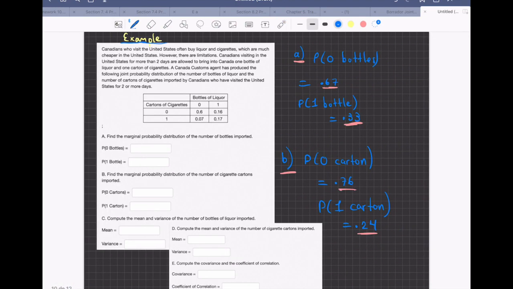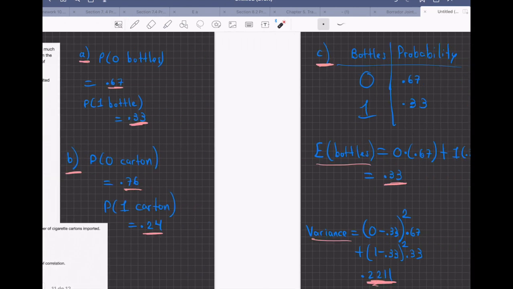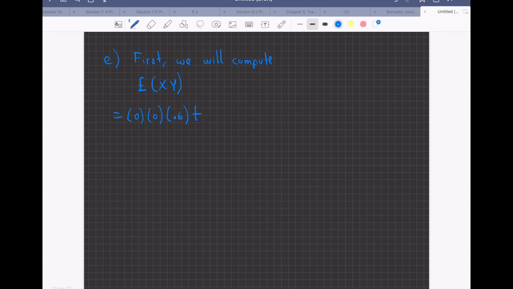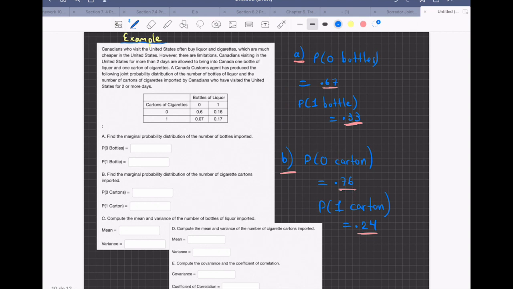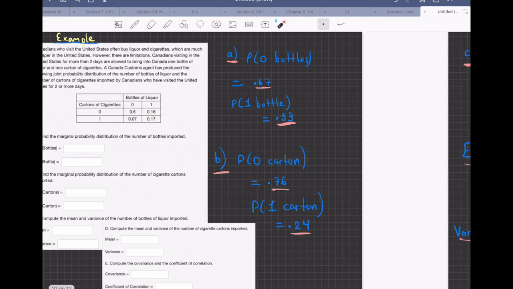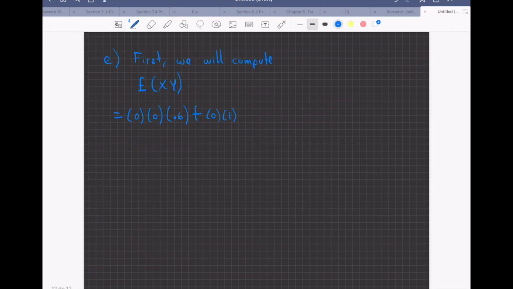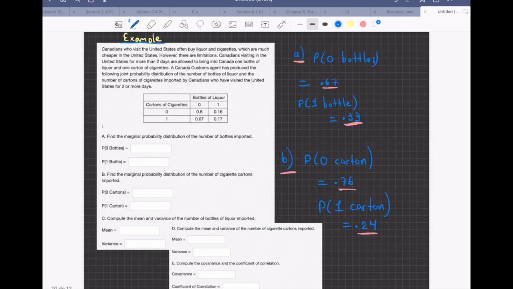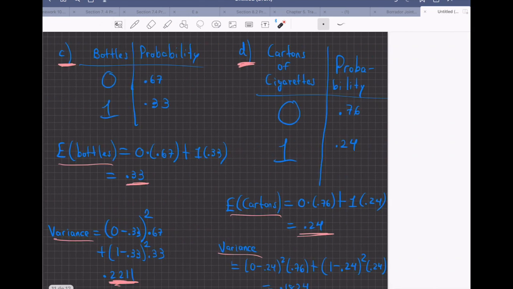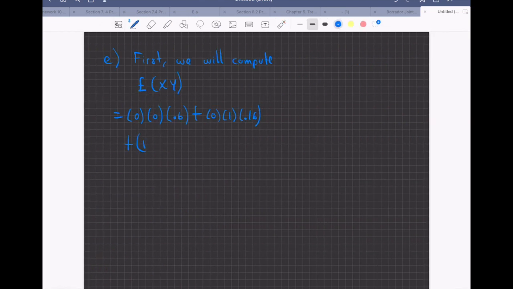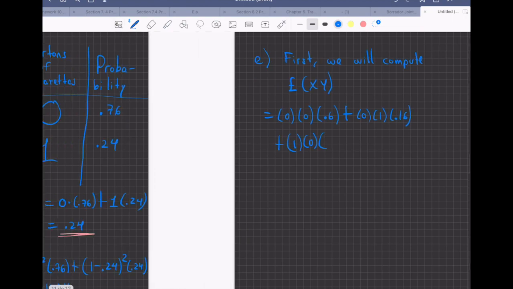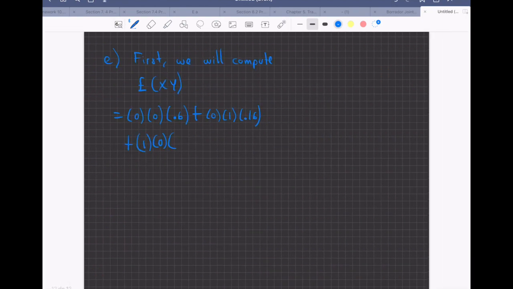Plus 0 for cigarettes, 1 for bottles, and the corresponding joint probability is 0.16. Plus now 1, 0: 1 times 0 times the corresponding probability, that is 0.07.